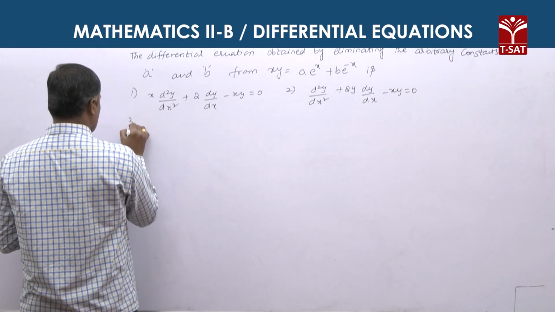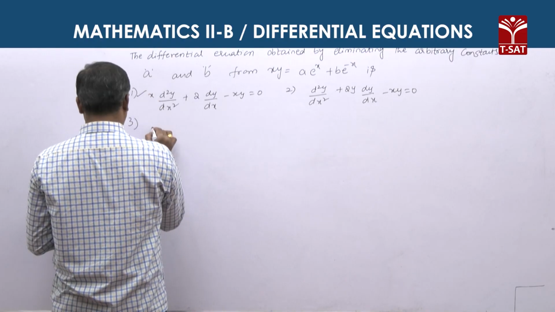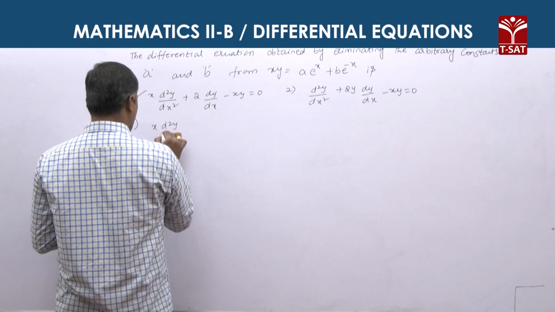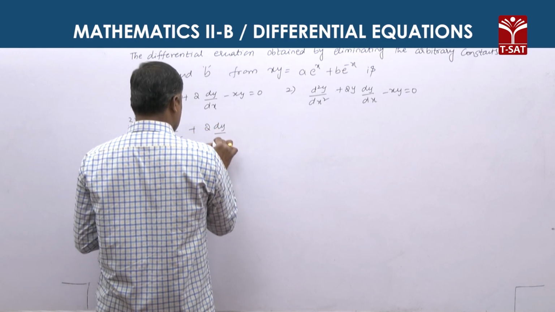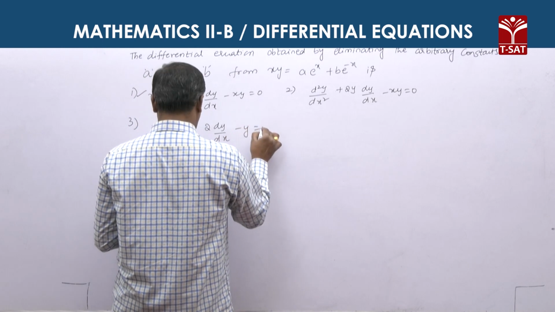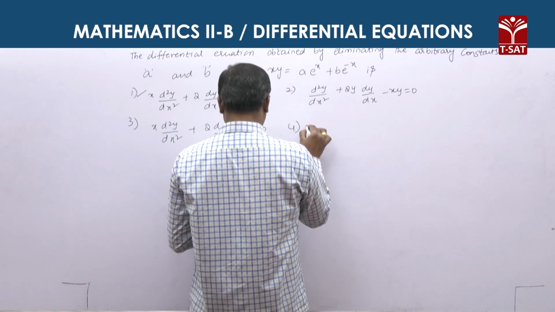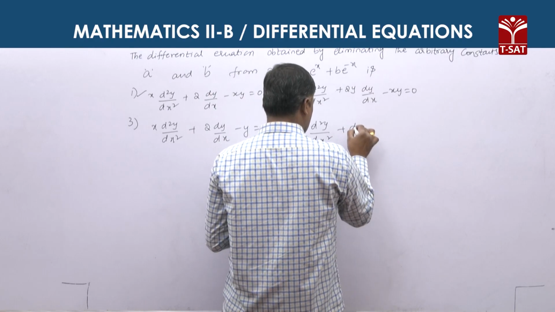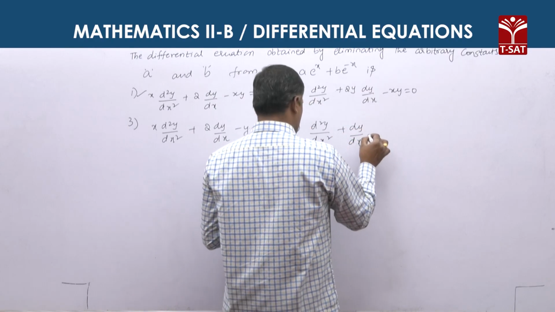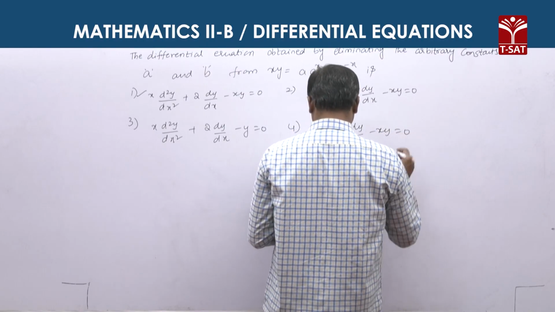Third option: x into d square y by dx square plus 2 into dy by dx minus y is equal to 0. And fourth option: d square y by dx square plus dy by dx minus xy is equal to 0.